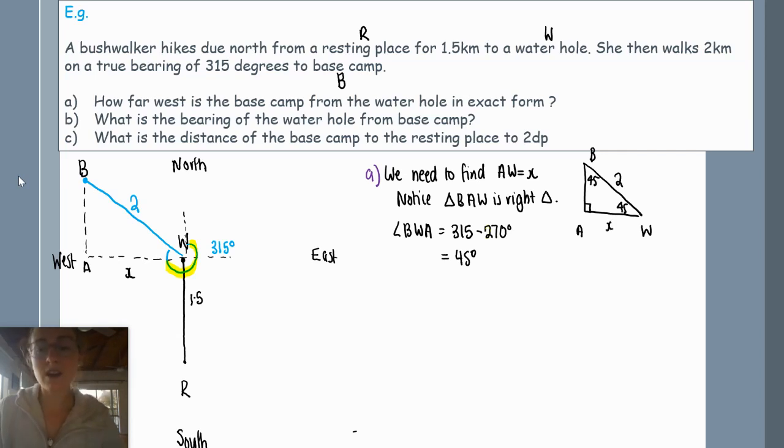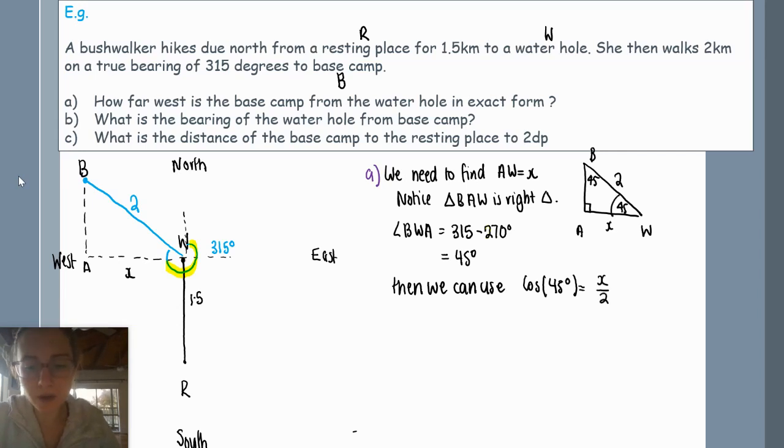You can use sine, etc., or you could probably use most trig functions. So I'm going to use cos here, where I'm using that base angle. So I'm going to say cos 45 equals adjacent x on 2, rearrange everything.